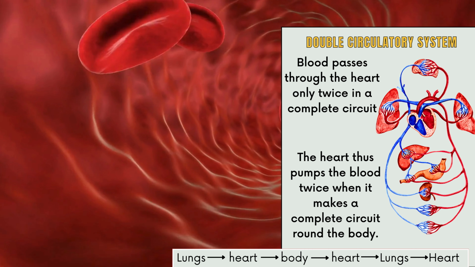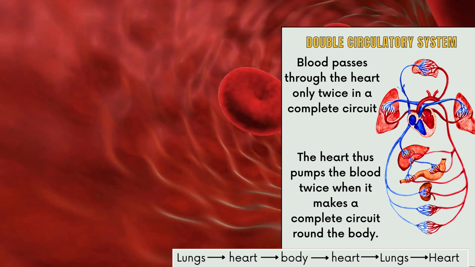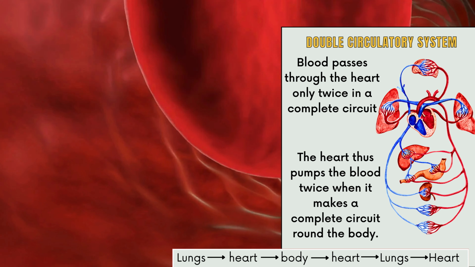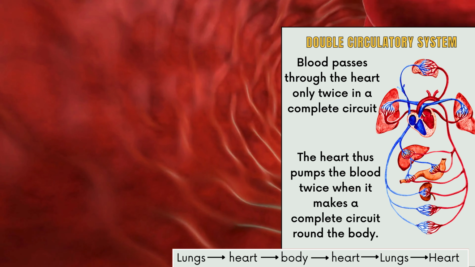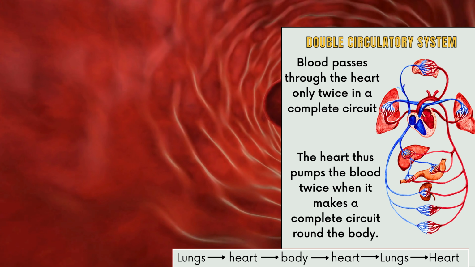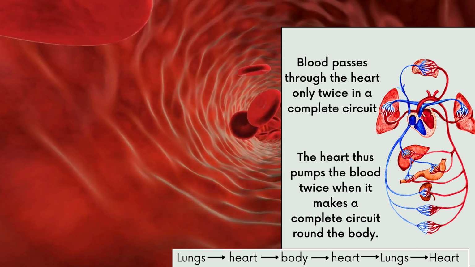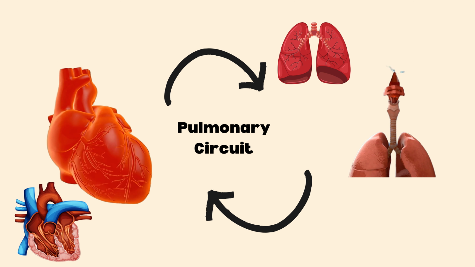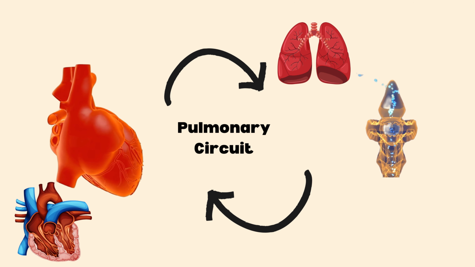The double circulatory system gives rise to two other pathways, which include the pulmonary circuit or circulation and the systemic circuit or circulation. The pulmonary circulation involves the movement of blood between the heart and the lungs.